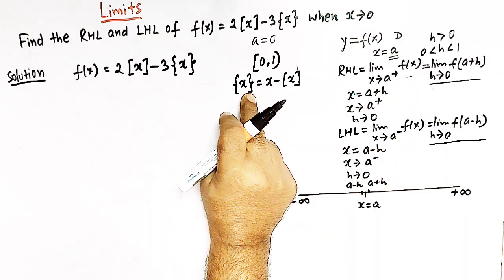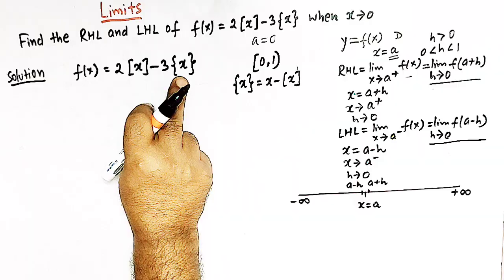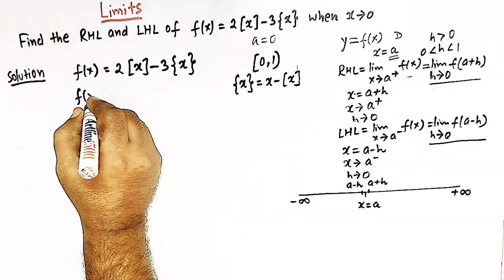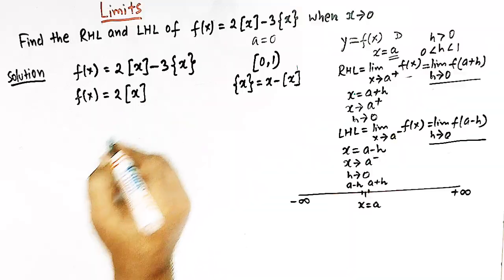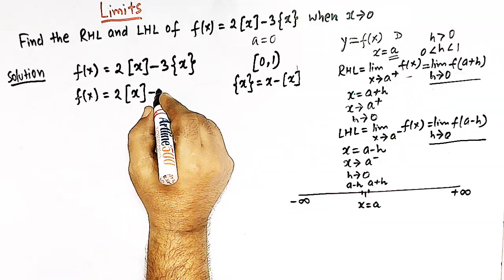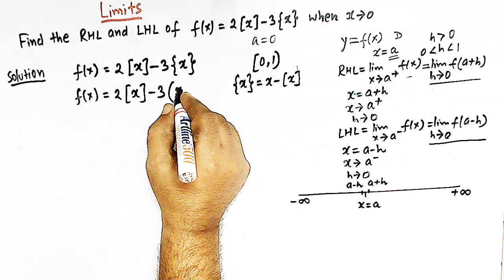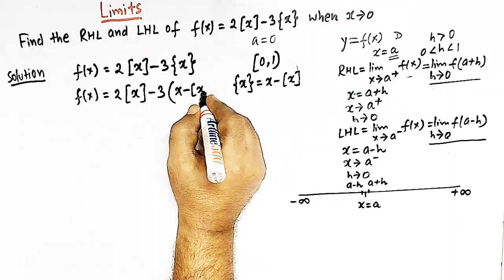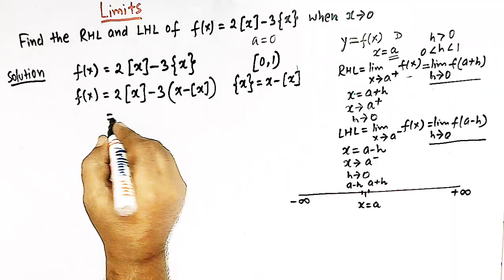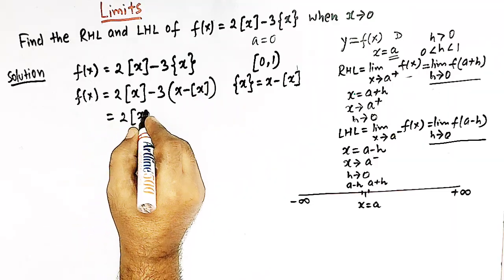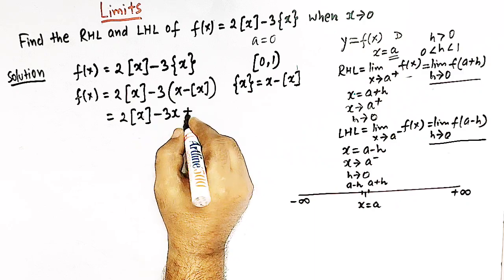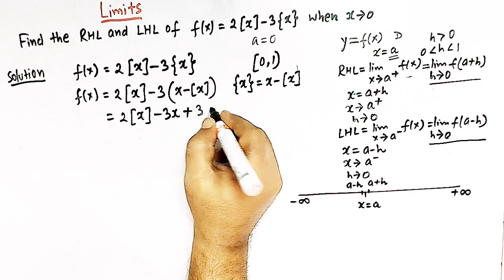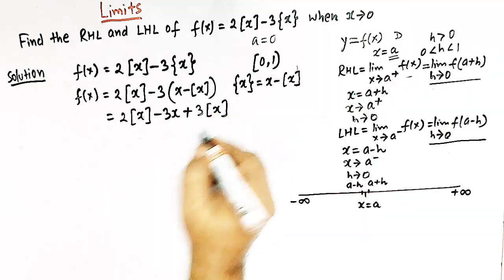Let us substitute this value in this function. We have now the function f of x, 2 times the greatest integer of x minus 3 times x minus the greatest integer of x. We can now write 2 times the greatest integer of x minus 3x, plus 3 times the greatest integer of x.